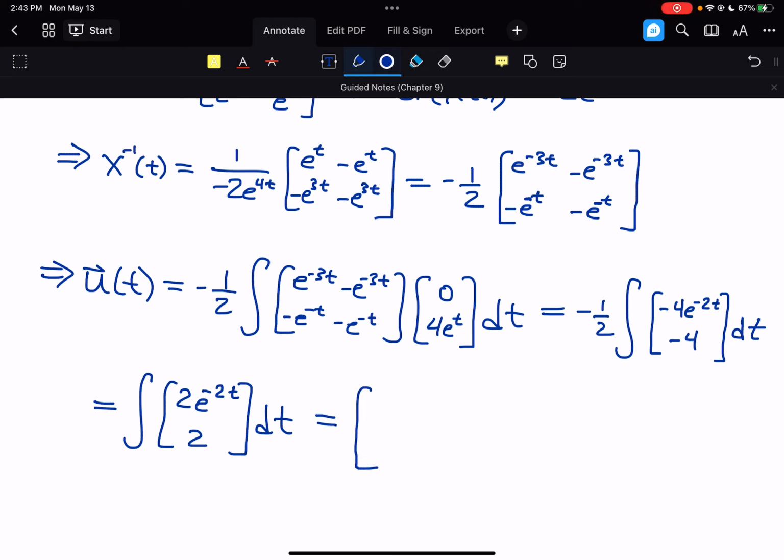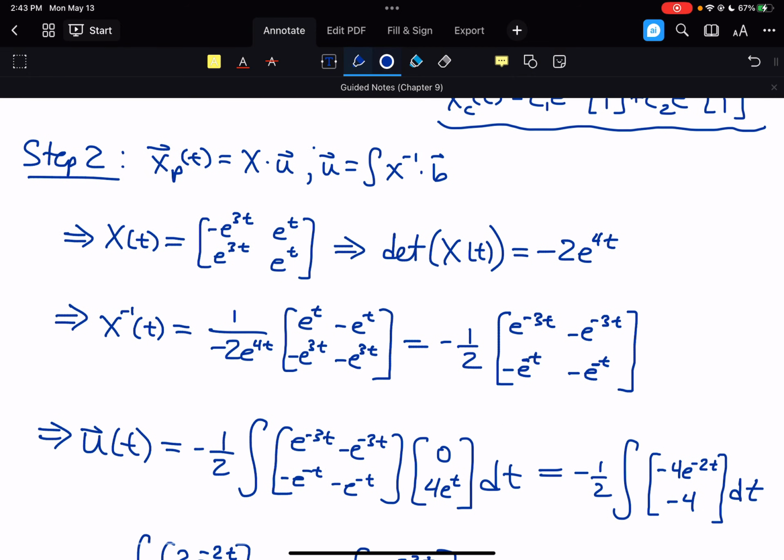So we're undoing a chain rule right here. So that's negative e^(-2t). And this one will just give us 2t. So that's u. And our particular solution is the fundamental matrix times u. So the fundamental matrix, of course, was this one.